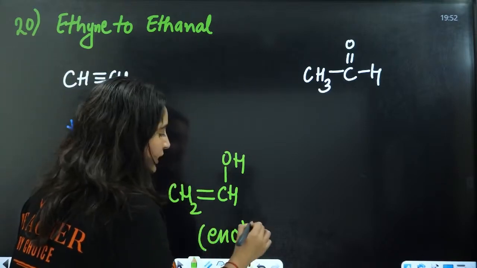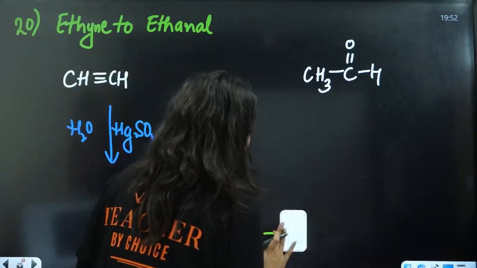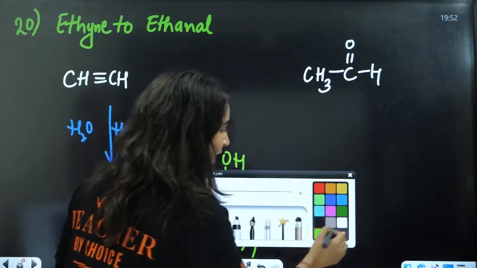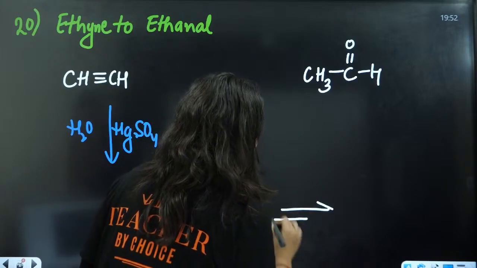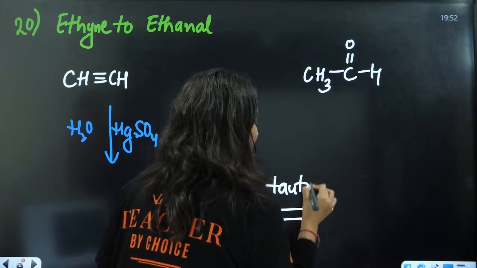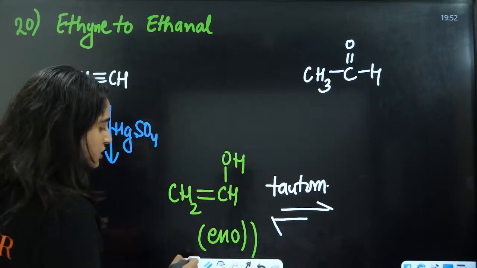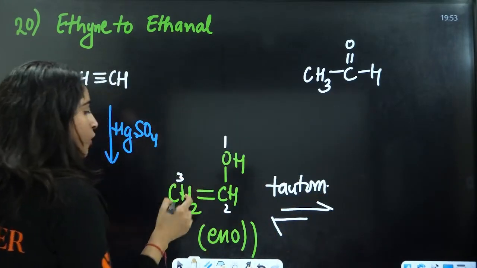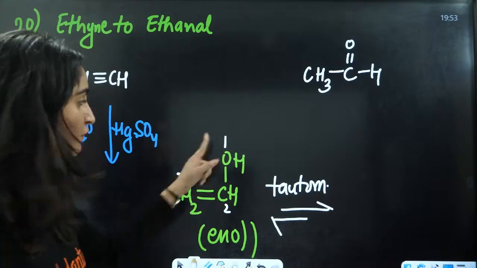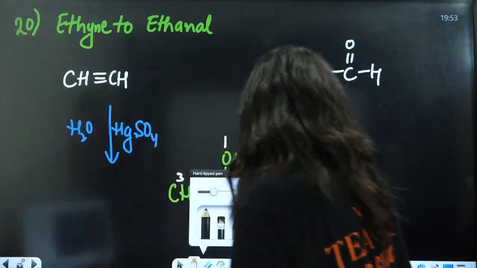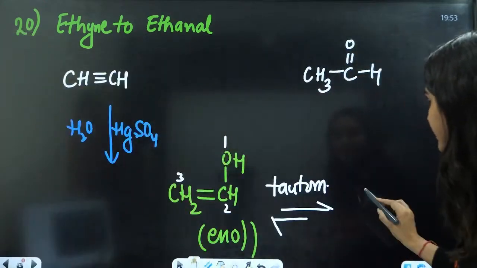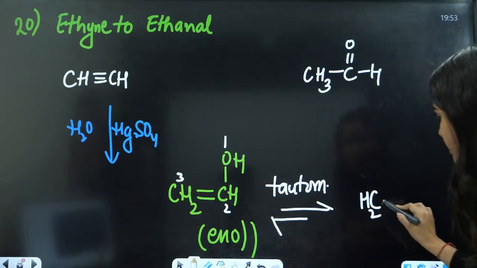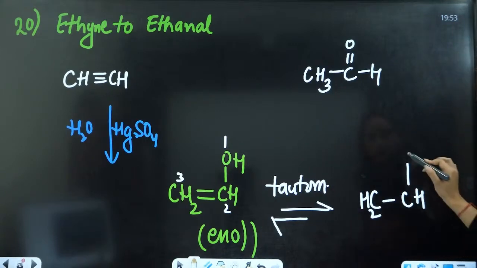This is enol, right? Now there will be tautomerization. This is 1, this is 2, this is 3. If I write it here, this is CH2, this is CH, this is OH.